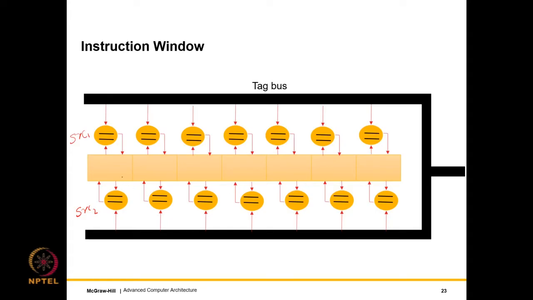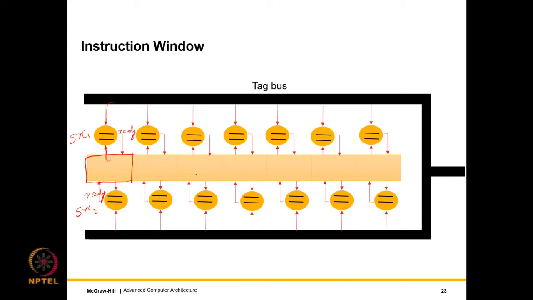So for every entry we have two comparators, source 1 and source 2. For each of them, we read the contents of the entry and the contents of the tag. If they match, we set the ready bit. Similarly here, if they match, we set the corresponding ready bit.